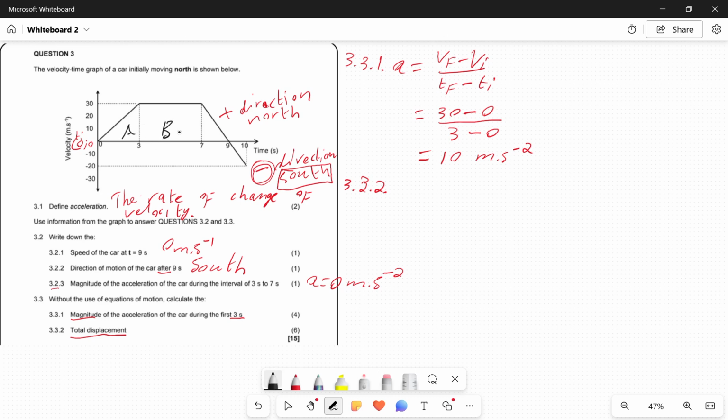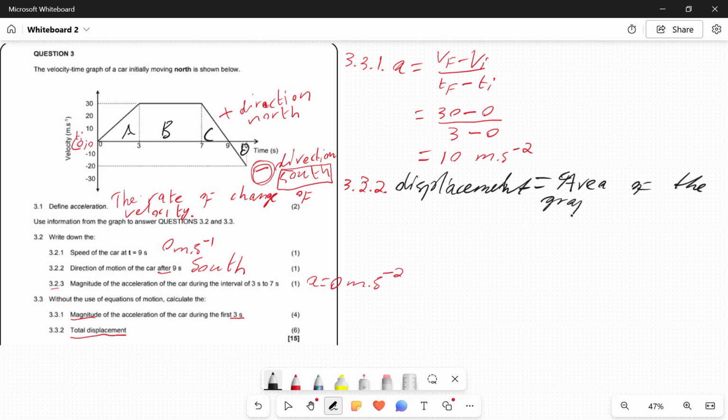We have A, we have B, we have C, and we have D. Those are 4 shapes. So we are going to look for the areas of these shapes. So what we'll say here is that displacement is equal to the area of the graph.